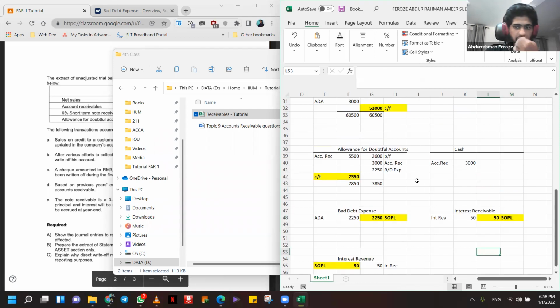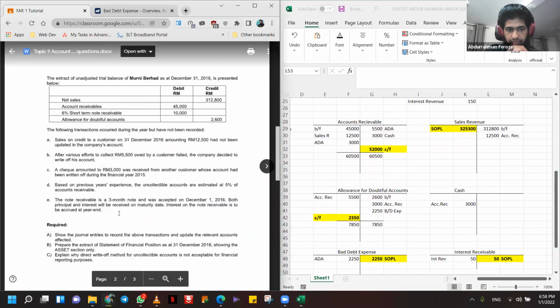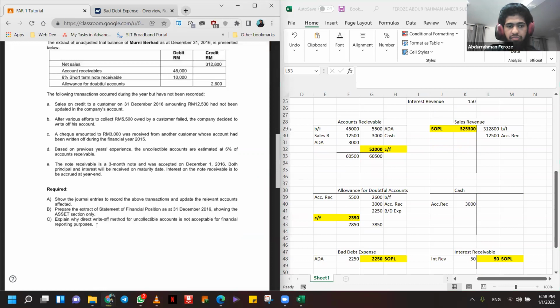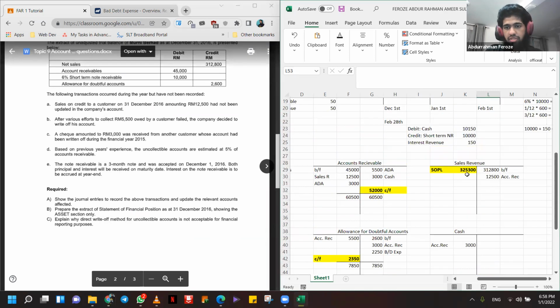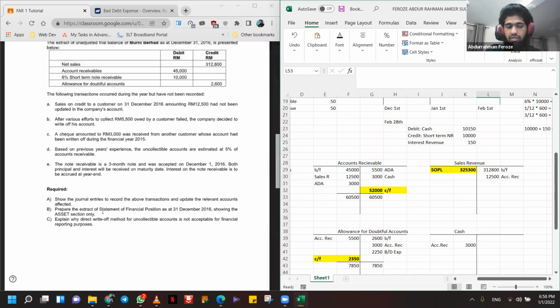Now we've done the second part of part A, which is to update the relevant accounts to show the final value. So now we can proceed to the next part of the question, which is to prepare the extract of the statement of financial position as at 31st December 2016, showing the asset section only, right?